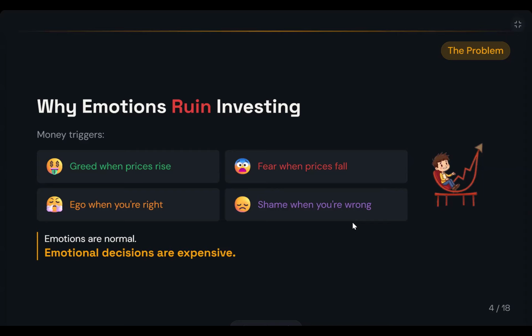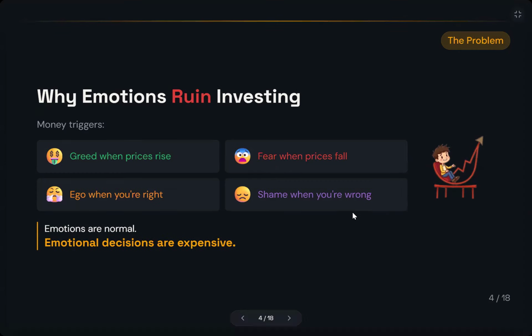So you feel emotional because you are human. But if you invest emotionally, you will pay market tuition fees first. Market tuition fees are fees where you pay and still don't get any certificate, because these are the expensive investments that you made to learn and understand.